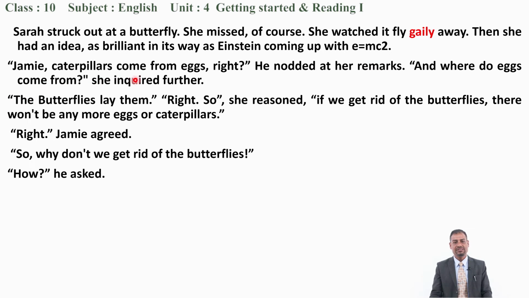Jamie, caterpillars come from eggs, right? He nodded at her remarks. And where do eggs come from? She inquired further. The butterflies lay them, right? So, she reasoned, if we get rid of the butterflies, there won't be any more eggs or caterpillars. Right, Jamie agreed. So, why don't we get rid of the butterflies?